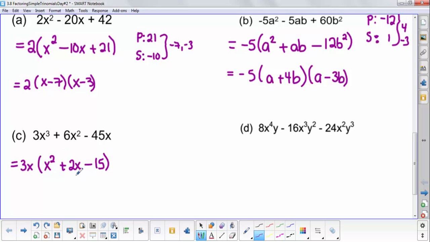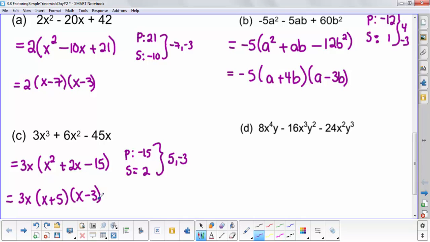What's left inside is a nice simple trinomial where we're looking for two numbers that give a product of negative 15 and a sum of 2. Positive 5 and negative 3 will work for that one. So we'll write out the 3x, and then one bracket gets x plus 5, and another x minus 3.